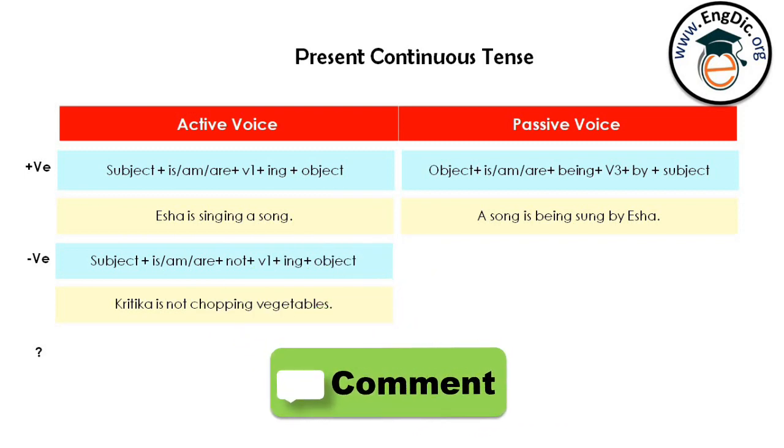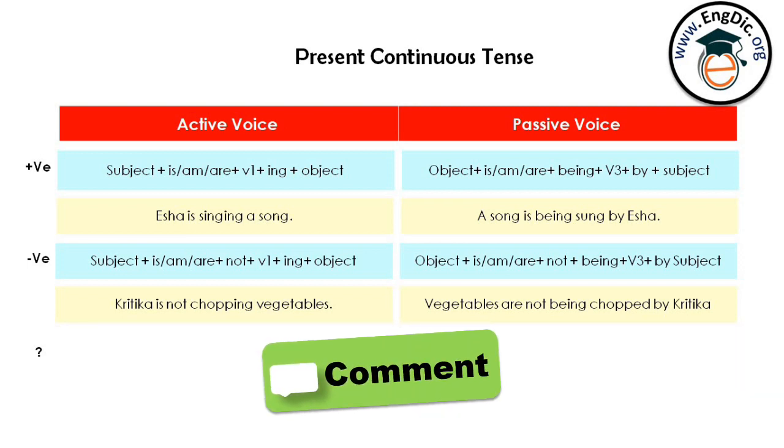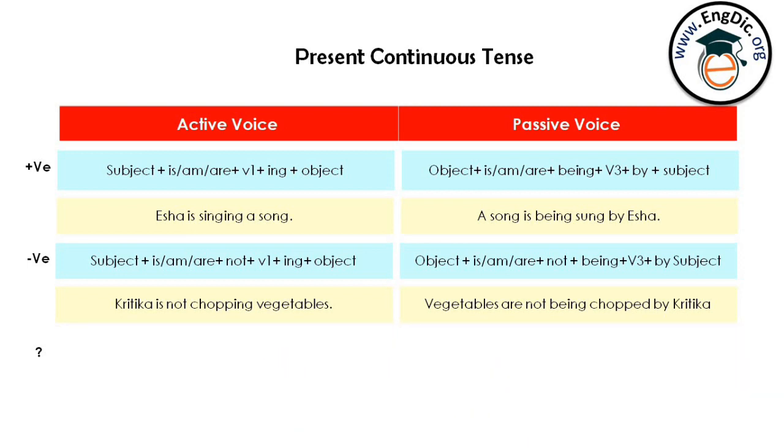Now, what would be the passive voice? Object, then we have to put is, am, are, not, being, third form of verb, by, and then at the last the subject.